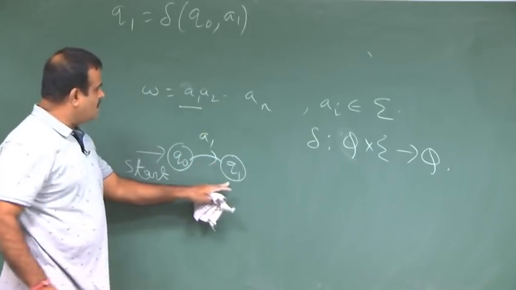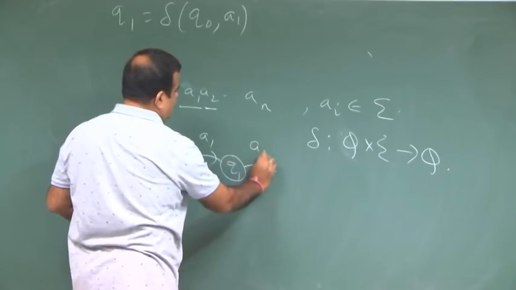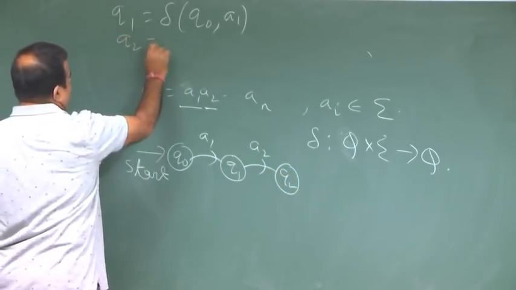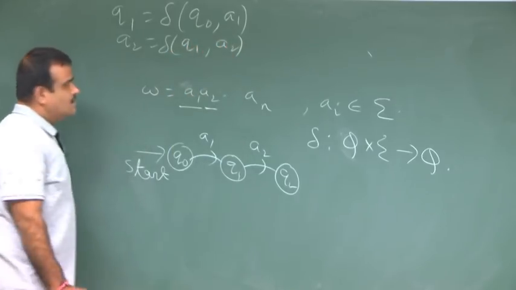Now, we are at q1, our second alphabet is A2. So, we read A2, suppose it is going to q2. So, q2 is delta of q1, A2.